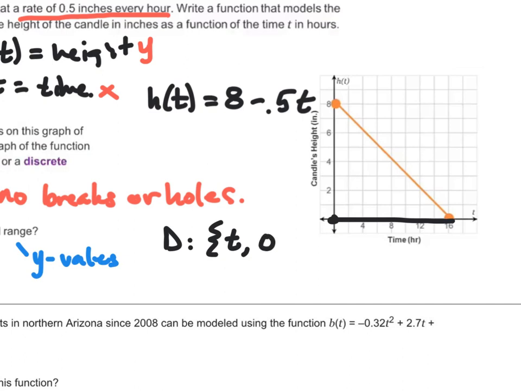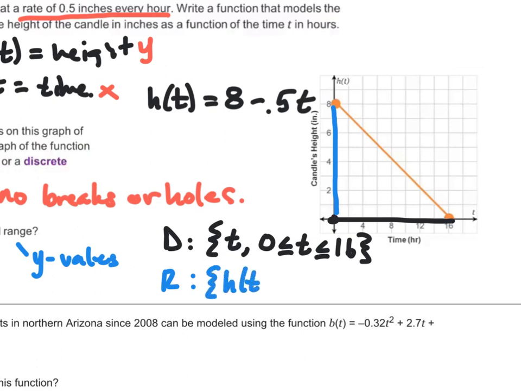So I'm going to write 0 is less than or equal to t is less than or equal to 16. If I wanted to talk about my range, R, then I'm using the value h of t. So bracket h of t to talk about my range, and then we're going from 0 is less than or equal to h of t is less than or equal to 8.